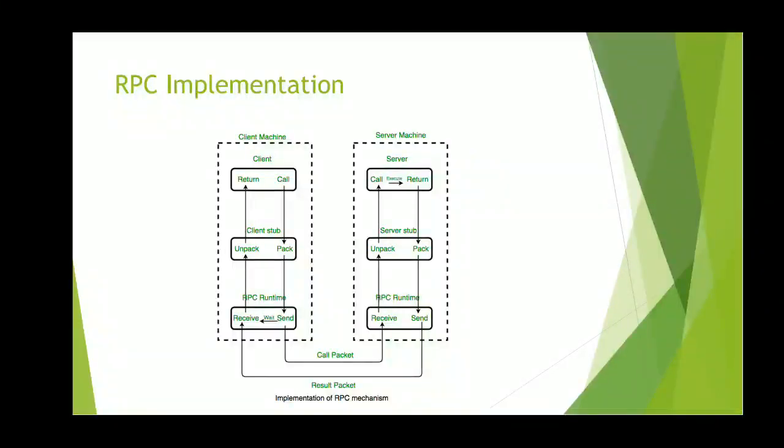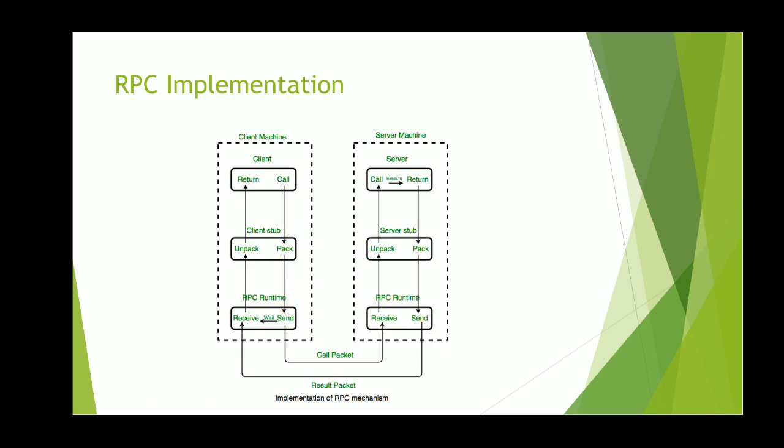Now we can revisit the RPC implementation steps in detail. Here you can see there are two machines, a client machine and a server machine. The client machine contains one client application and the server machine contains one server application. When the client application invokes an RPC call, it gives the RPC call along with the parameters to the client stub. The client stub does the necessary packing of the received parameters and gives them to the RPC runtime.